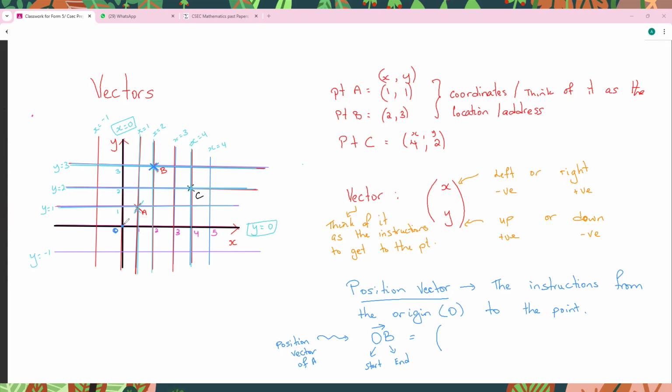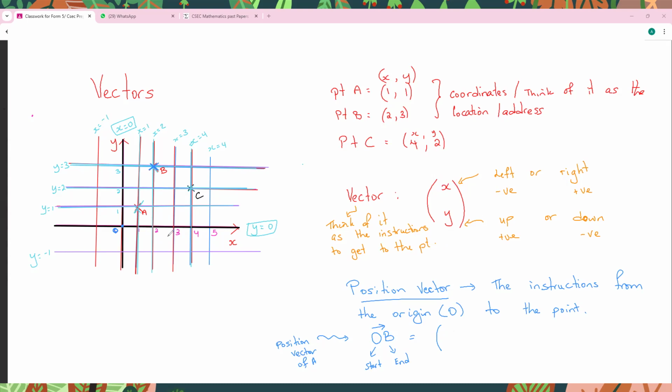Now, in order for me to start from O, which was here, I had to move 1, 2 places to the right, and then 1, 2, 3 places up, right? So X tells me how many times we had to move to the right or left.